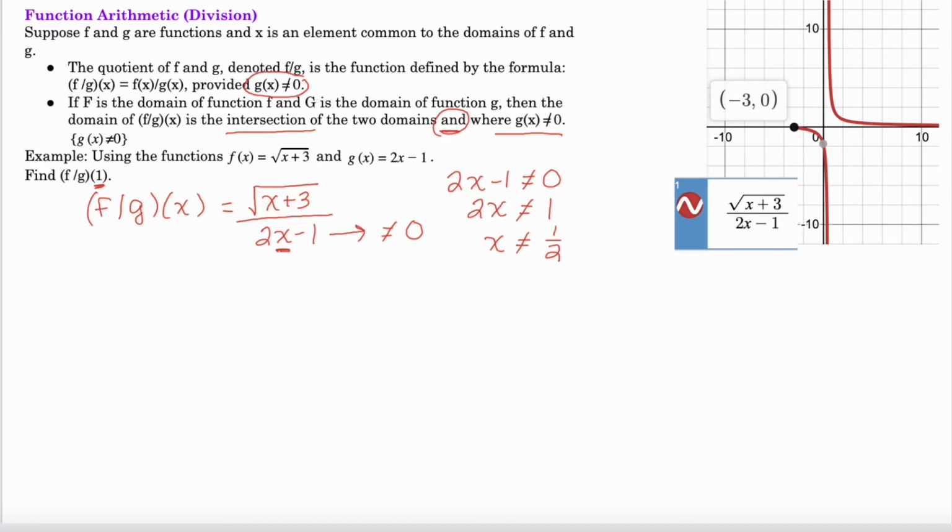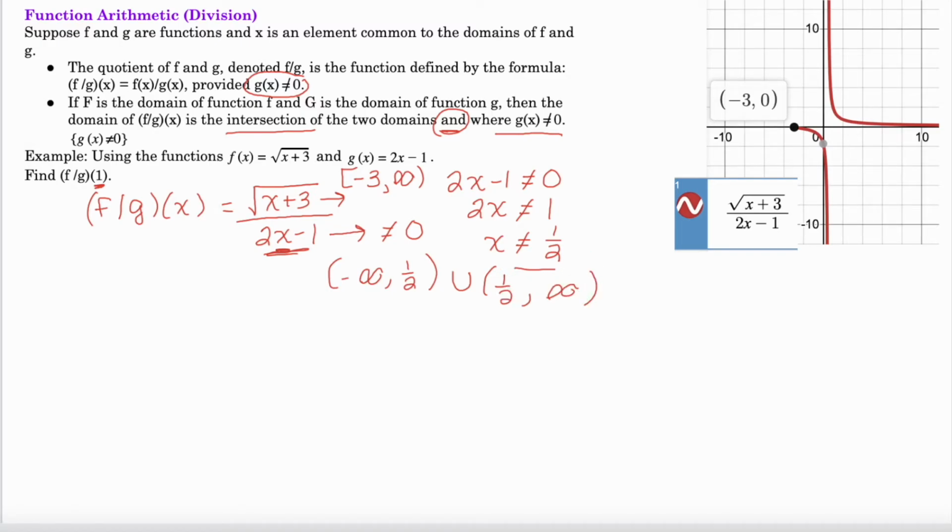Our numerator, we know, has to be greater than or equal to negative 3. We knew that from the previous one. So where do all of these overlap? Well, the denominator can be from negative infinity all the way to half, union, jump over half, and we can continue on to positive infinity.